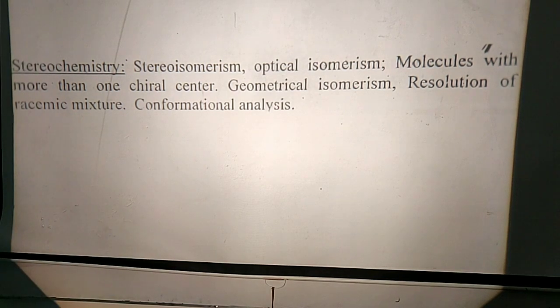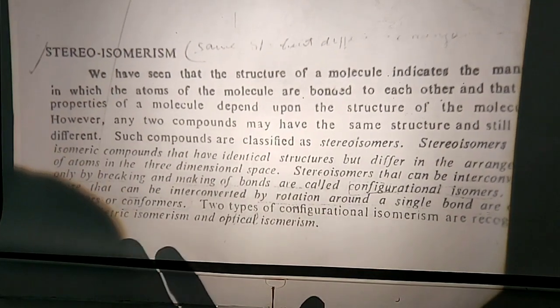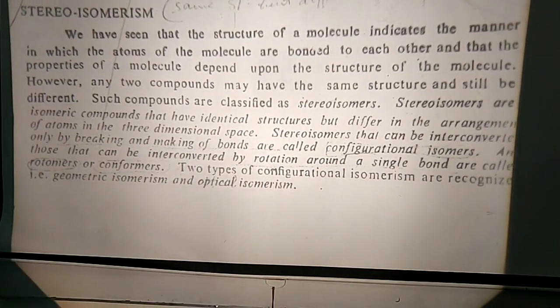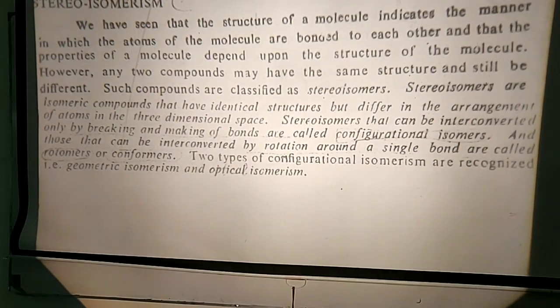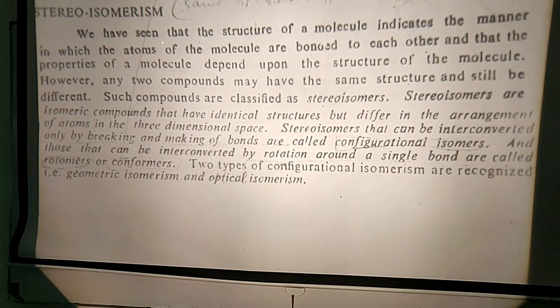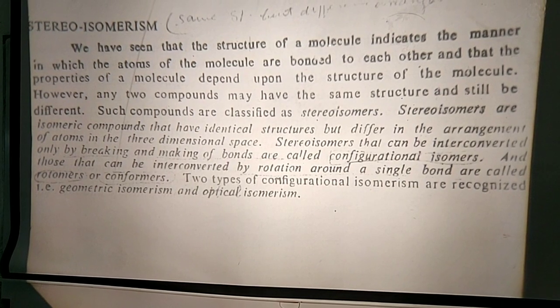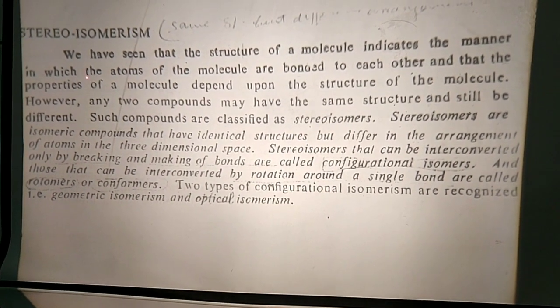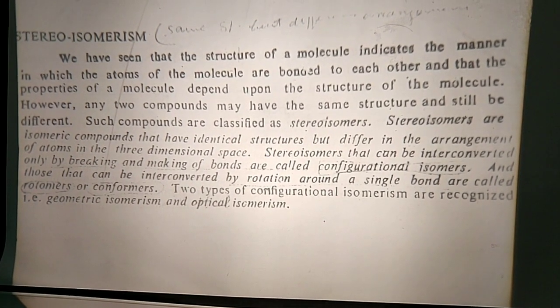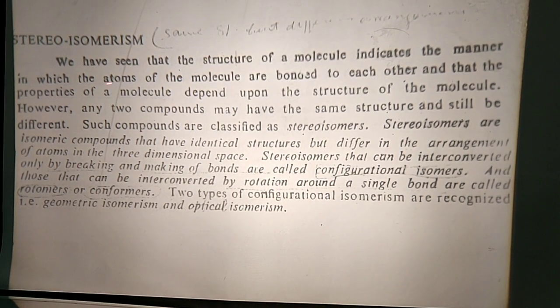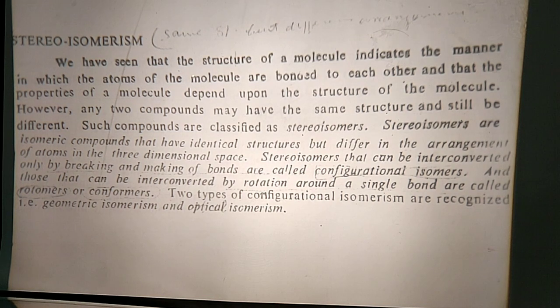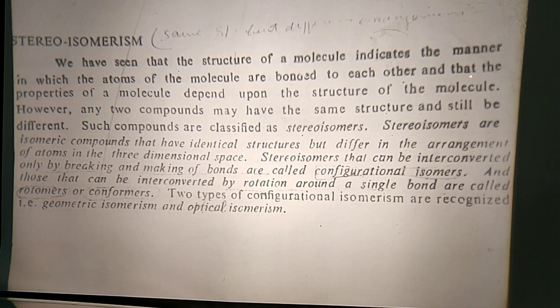First of all, stereoisomerism. We have seen that the structure of a molecule indicates the manner in which the atoms of the molecule are bonded to each other, and that the properties of the molecule depend upon its structure.